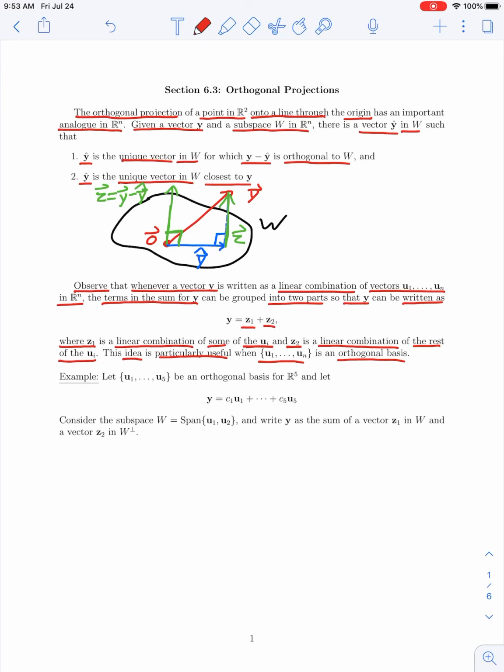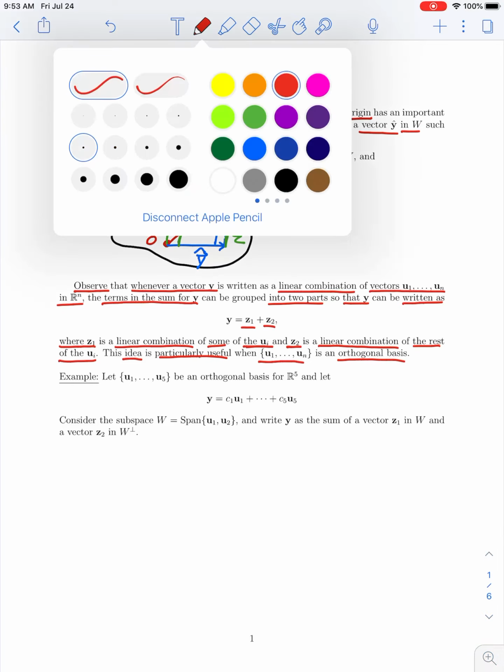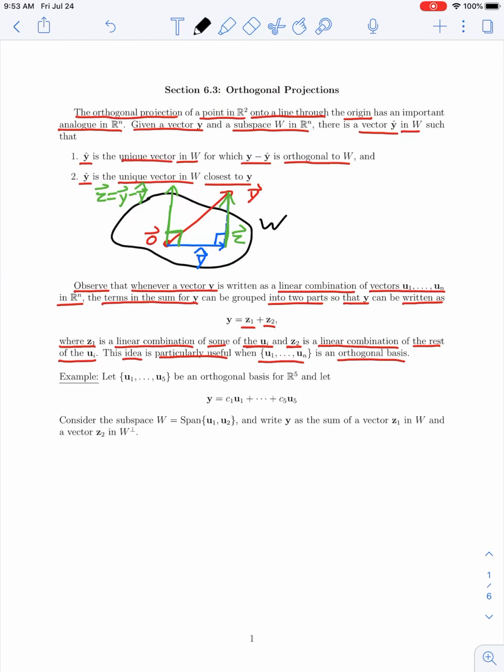And it turns out that this concept is especially useful if the set of vectors u1 through un is an orthogonal basis. So recall if we can write y as a linear combination of vectors u1 through un, that means y can be written as some linear combination of these vectors.